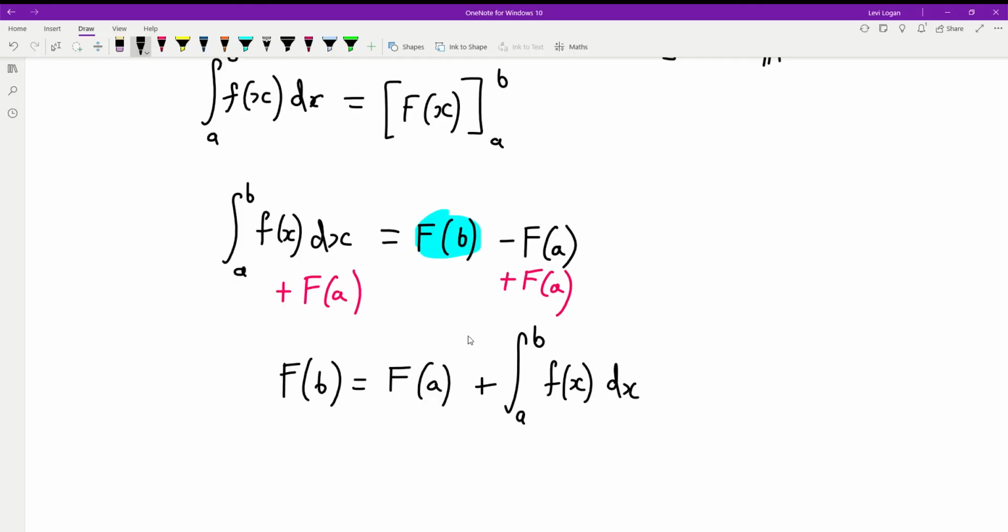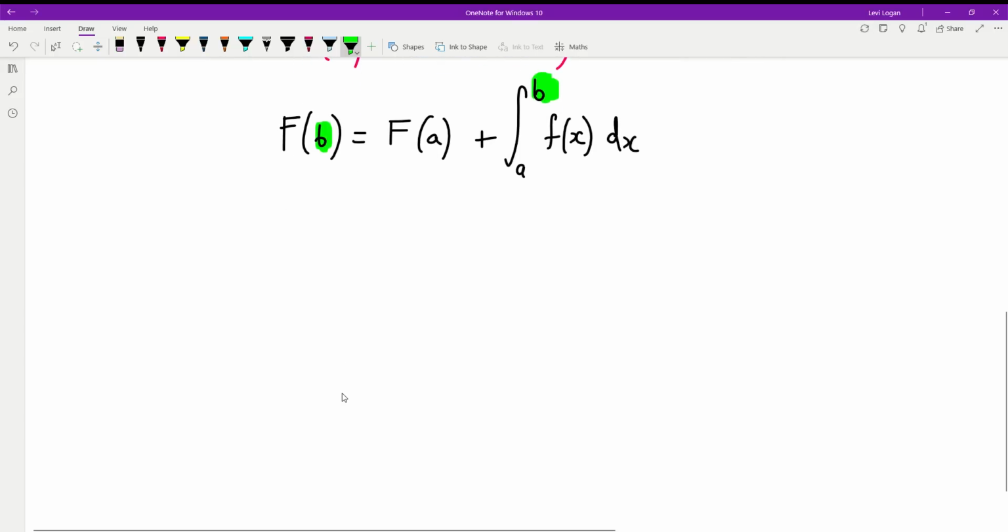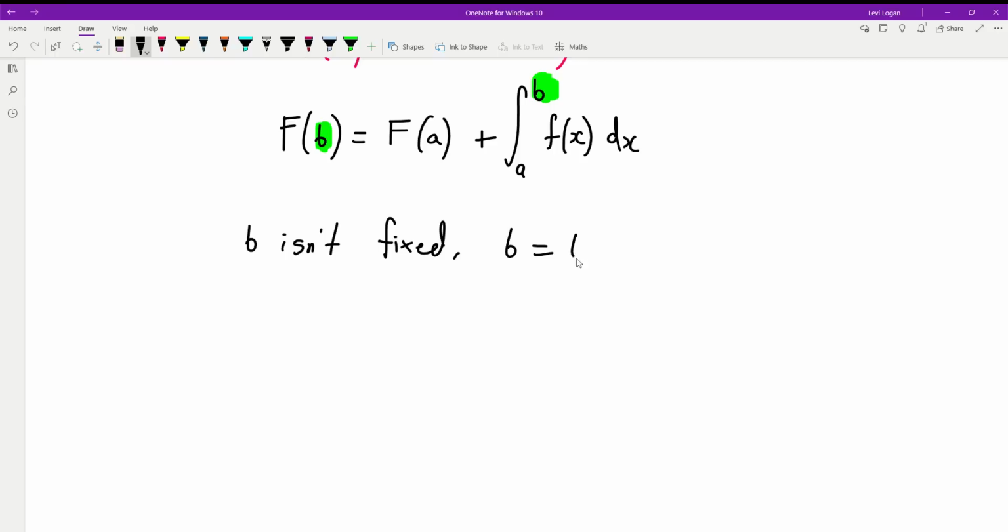Now, b, this number here, doesn't have to be fixed. It can represent some other variable in this case here. So let's just say it's equal to t. So b isn't fixed, let's go b equals t, okay? So what we get is this following expression.